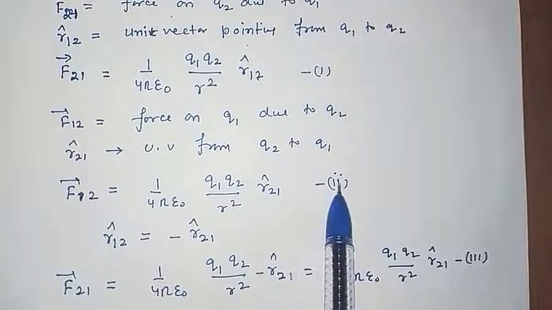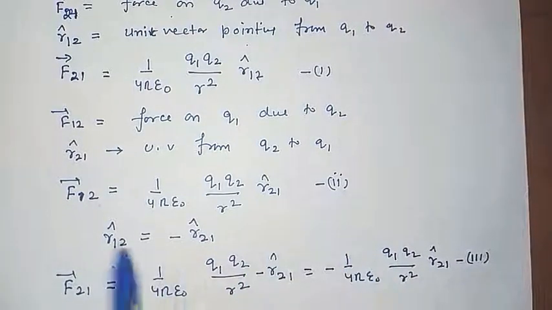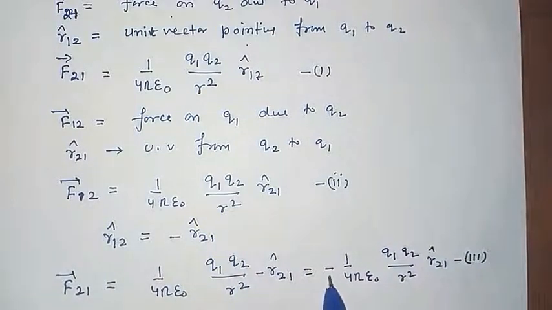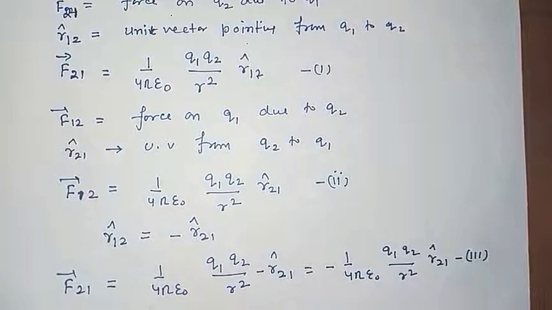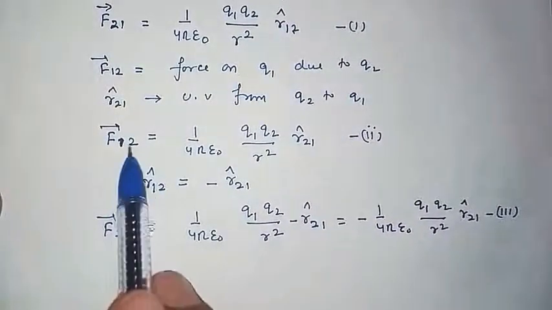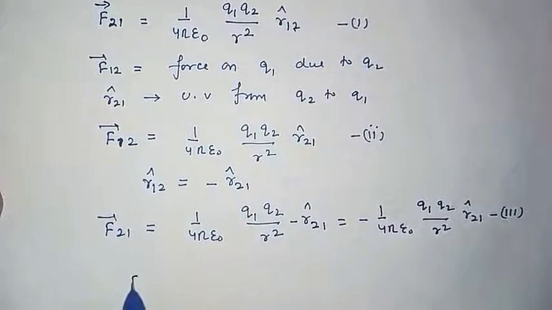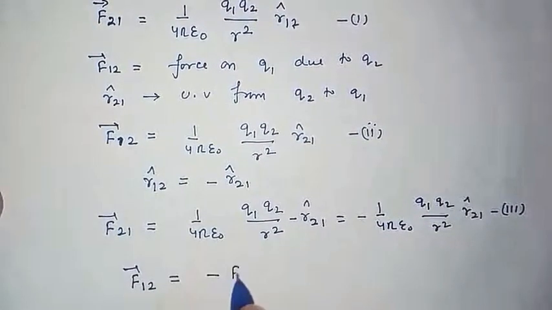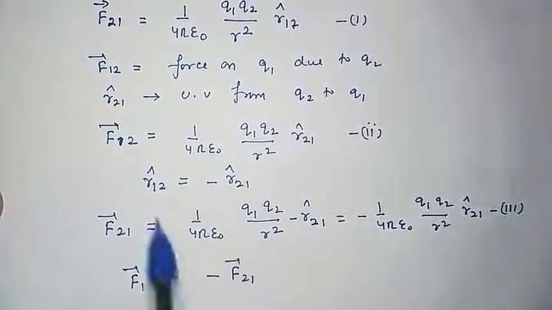Now if you compare equation number 2 and 3, F12 and F21, the only difference is the minus sign. F12 and F21 are equal and opposite. F12 equals minus of F21.